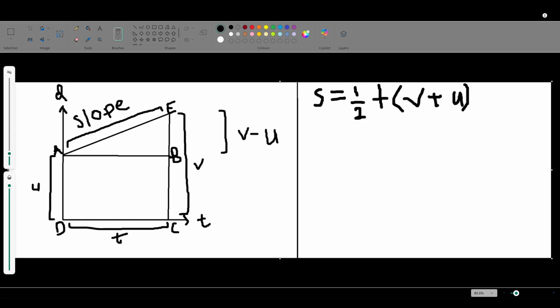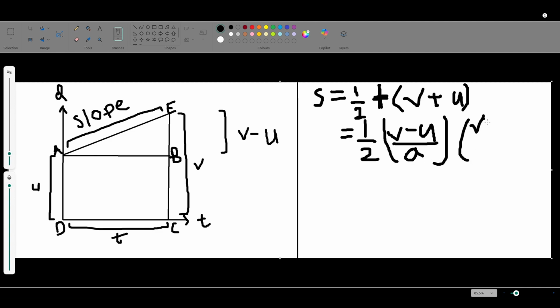Well, it's pretty simple. First of all, we had written the value of t here. We know it as 1 by 2 v minus u by a, because we had proven this earlier, into v plus u.